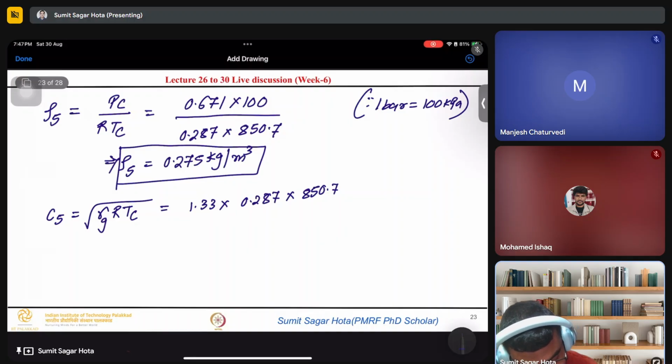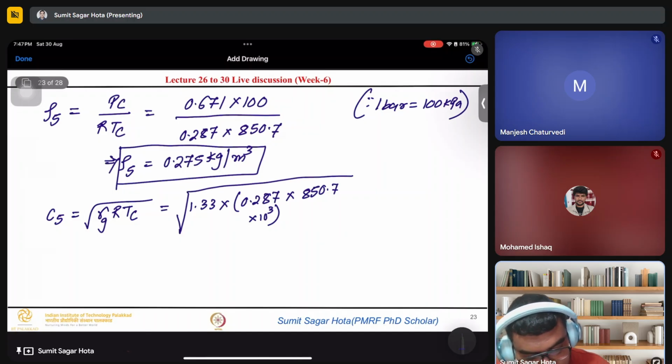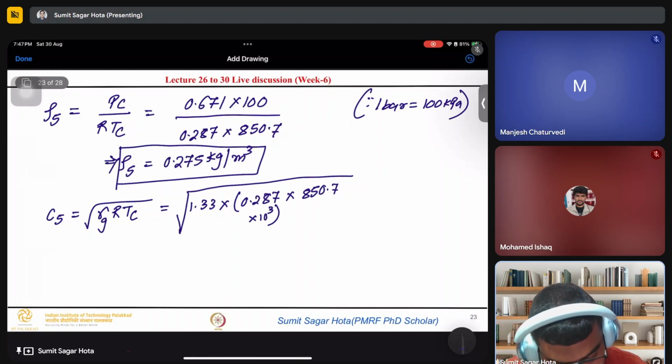It should be noted that for this expression you cannot use kilo units; you have to convert into SI units, joule per kg Kelvin. So 0.287 into 10 to the power 3 joule per kg Kelvin.